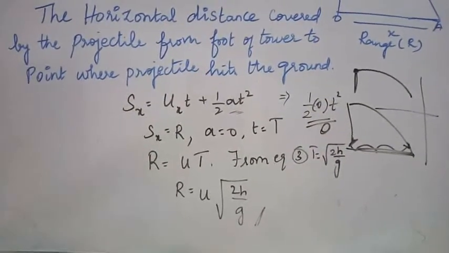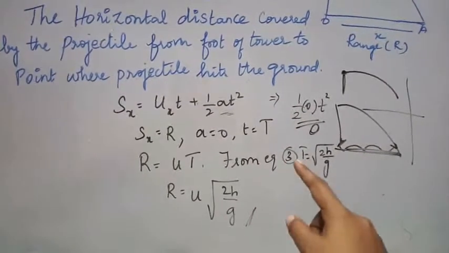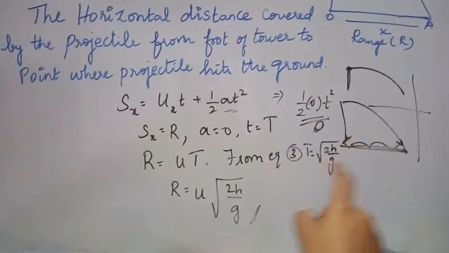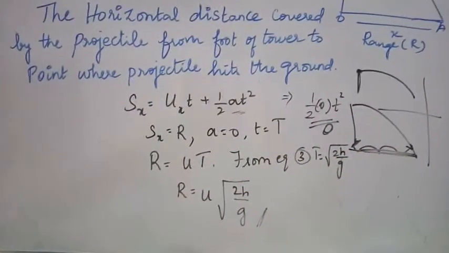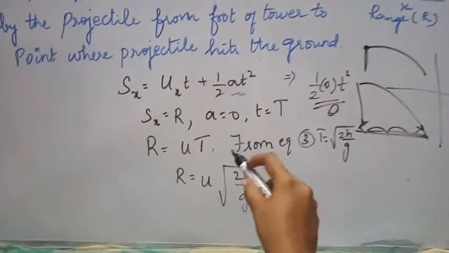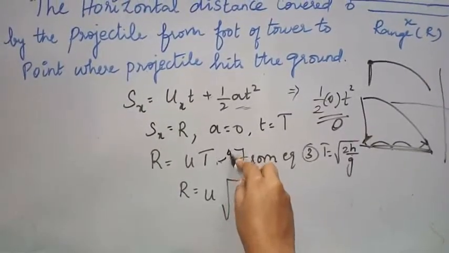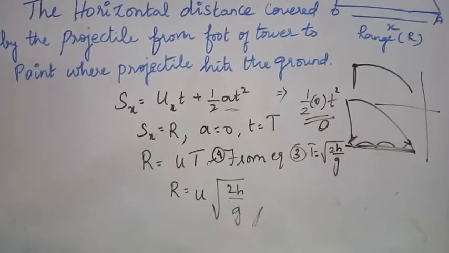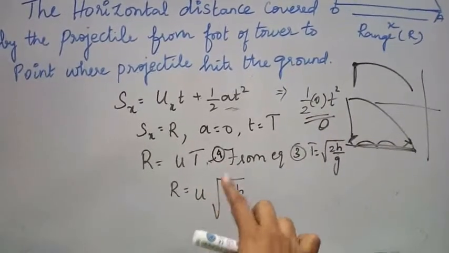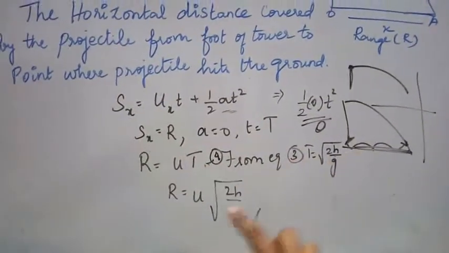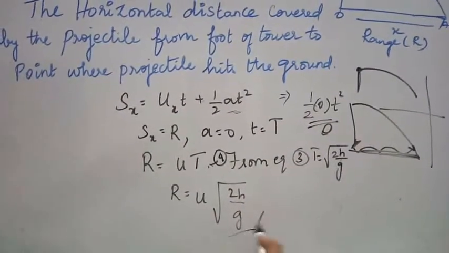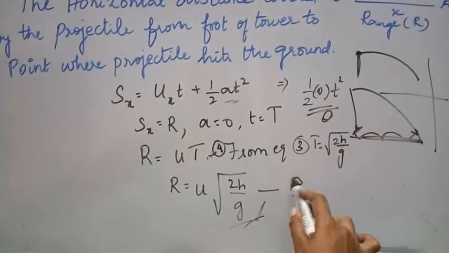So let it be equation number 3. So t is equal to root of 2h by g. Substitute this t here in this equation, let it be equation number 4. So substitute here, you will get the range r is equal to u into, instead of t, root of 2h by g. So this is my horizontal range r value. Let this equation be 5.